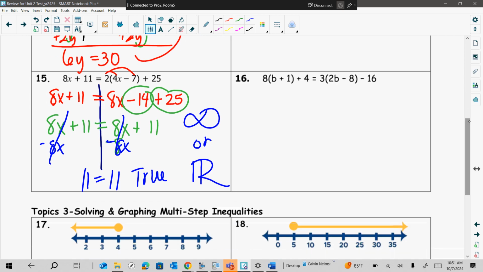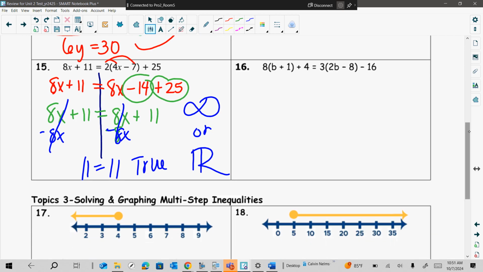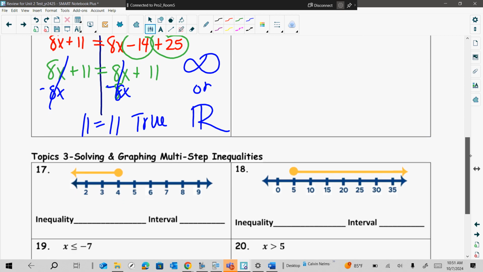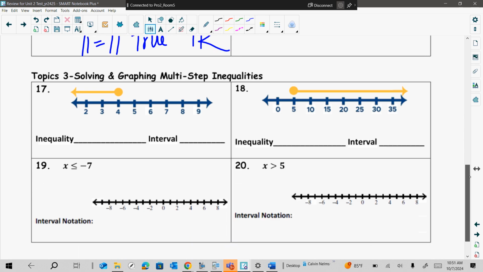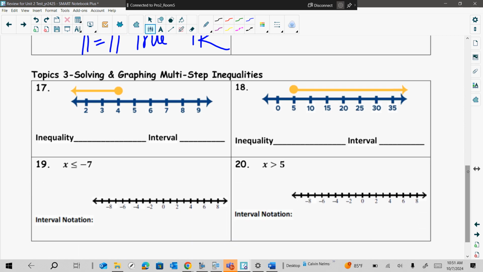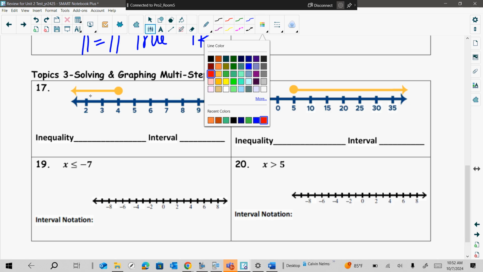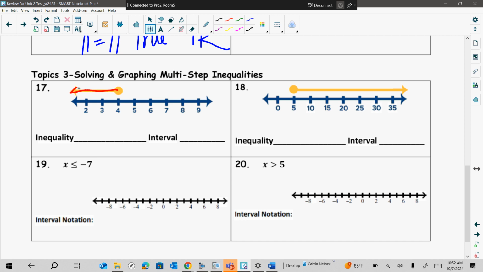Okay, now we're getting into inequalities. You're going to have to give the inequality if I give you the graph, or graph it if I give you the inequality. So on 17, I've given you the graph. It's pointing to the left, so it's going toward negative infinity.